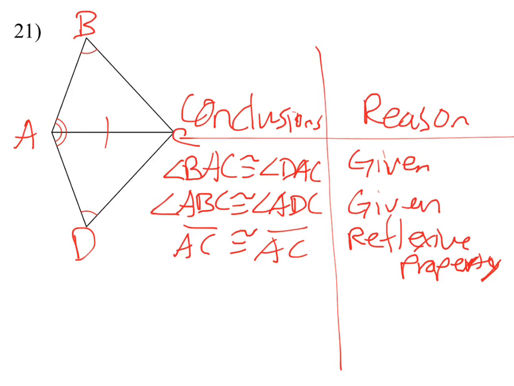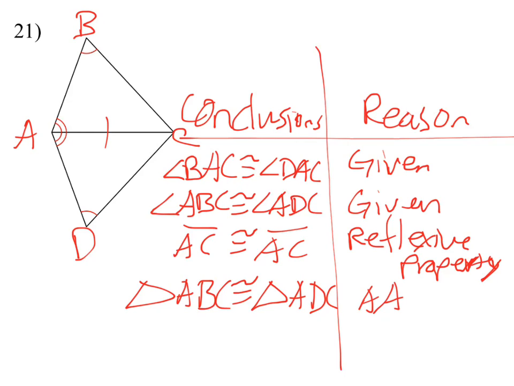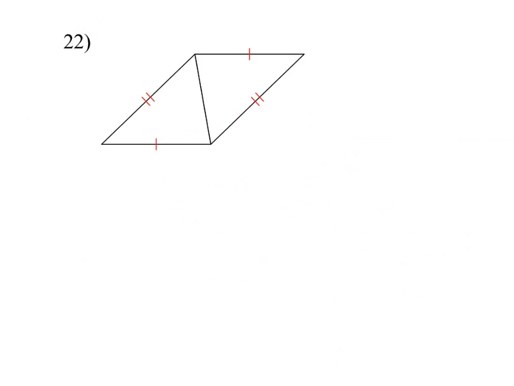That's angle, angle, side. And the bottom one, two angles in a row and a side. That's angle, angle, side. So these two triangles, which are ABC and ADC, are congruent by angle, angle, side. So that's all that's happening on these ones.